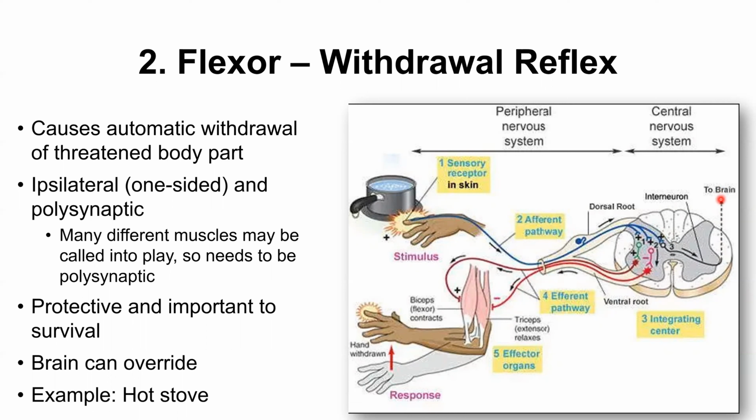Okay, because remember I said the brain can override the flexor withdrawal reflex. So because you're also telling the brain what's going on in this particular instance, the brain might decide that you want to keep your finger on that hot stimulus, and therefore you can override this whole reflex. Okay.